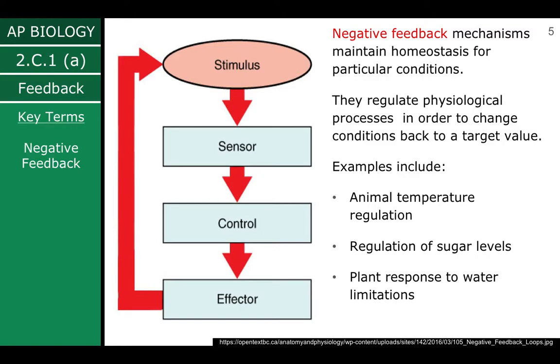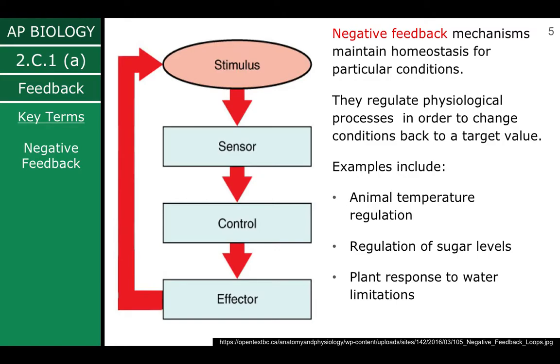Negative feedback mechanisms maintain homeostasis for particular conditions. They regulate physiological processes in order to change conditions back to target value. So remember, for negative feedback, it is always going to help us maintain our targeted value, our homeostasis, back to normalcy.